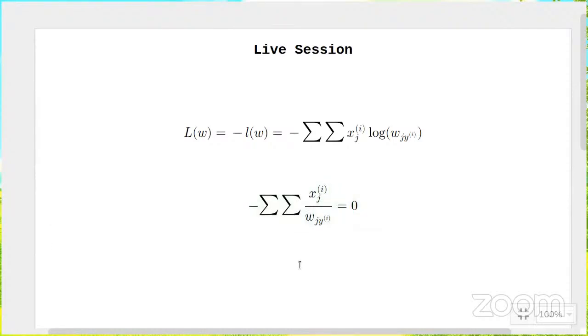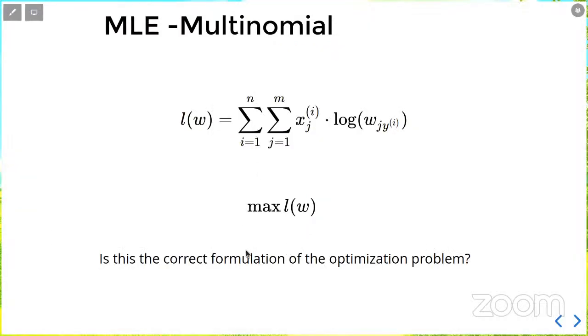Unless W is infinity. Okay, it seems like W should be infinite. All W's are positive numbers. Yeah, all W's are probabilities, right? So they are positive numbers. So you can't have that. Okay, so then something is wrong, right? So there's some mistake in this formulation. I'm telling you that this likelihood expression is correct. So what are we missing?